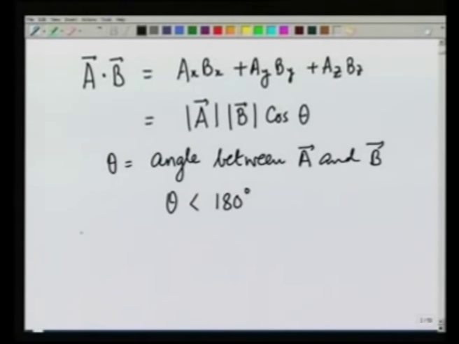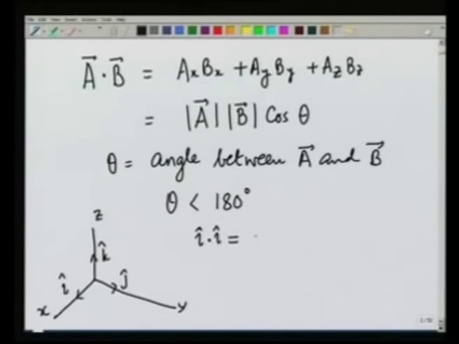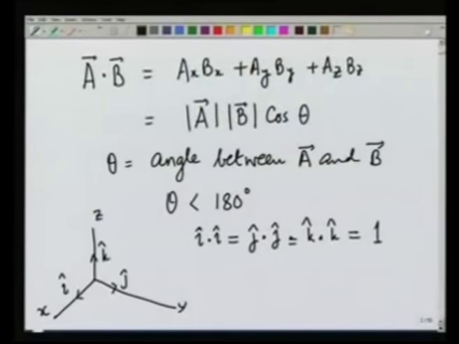In particular, if I look at the unit vectors along x direction, y direction and z direction, we find that i dot i is the same as j dot j, they are all equal to 1, because their magnitude is 1 and the angle between j and j or k and k is 0.